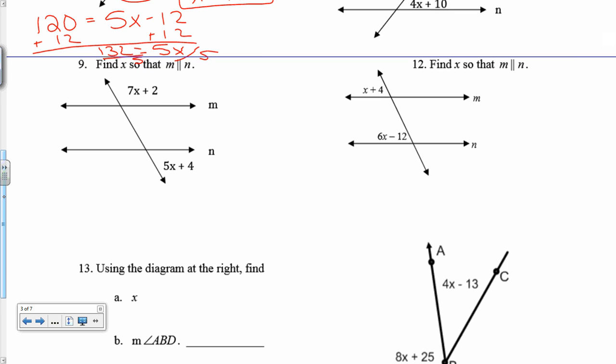Number 9, these are technically our same side exteriors, but I know that 5x plus 4 is congruent to the angle crossing it because they're vertical. And 7x plus 2 is congruent to its vertical pair. And then these two angles would be supplementary, so I add them together. Combine my like terms.